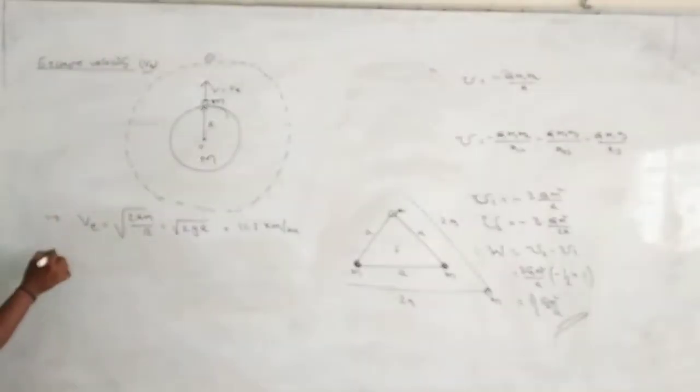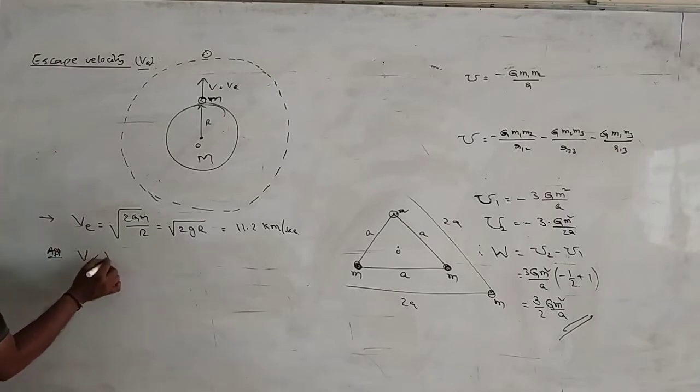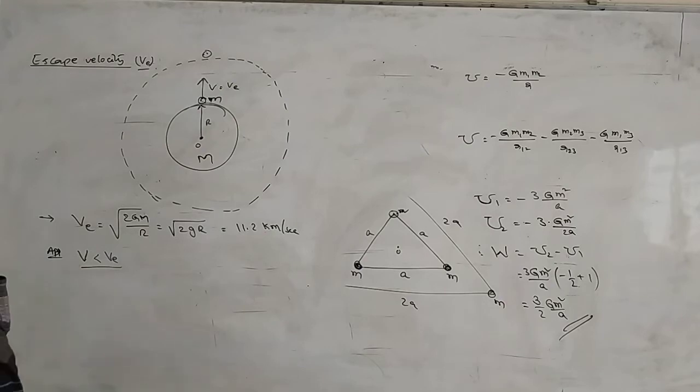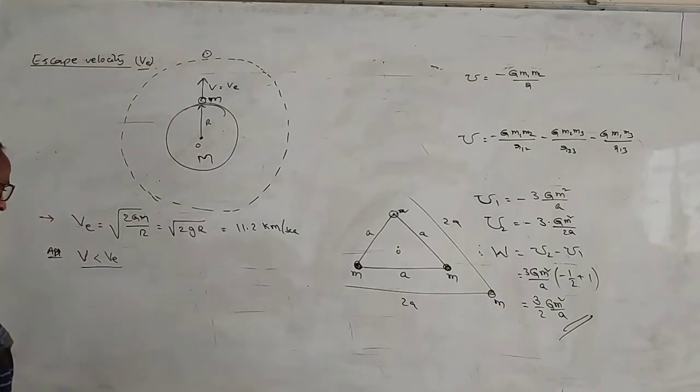Application 1: let a body be projected vertically upwards with a velocity less than escape velocity. What happens? The body can't escape the gravitational field. It rises to a certain height and again falls onto the ground.